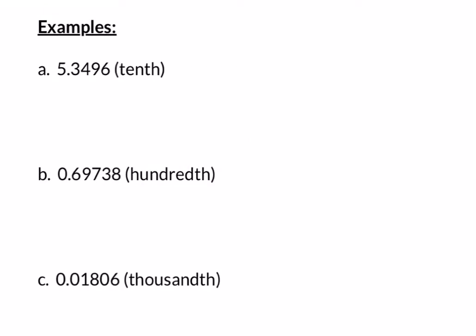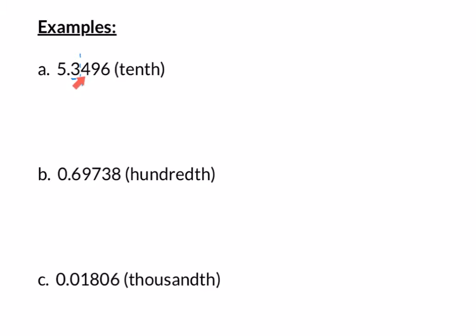All right, for example A, we want to round 5.3496 to the nearest tenth. So my digit that is in the tenths column is the 3. I'm going to put a dashed line after it. And the digit that I want to look at is just the 4.